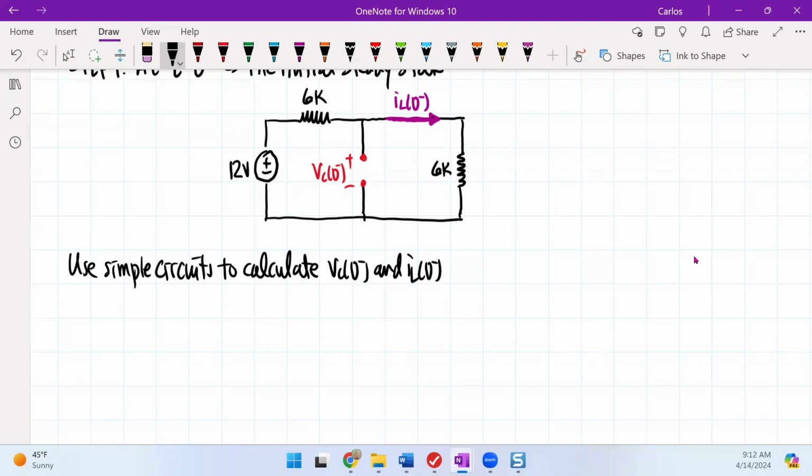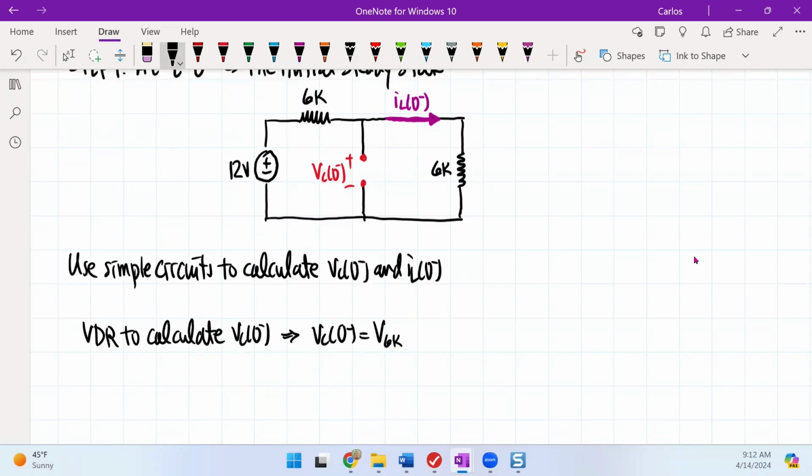Actually, you could calculate it multiple ways. So I'm going to use VDR to calculate VC of 0 minus. That tells me that VC of 0 minus is going to be the same as the voltage across this.